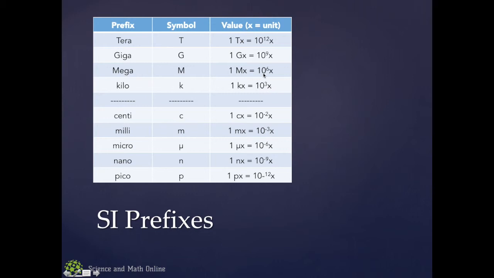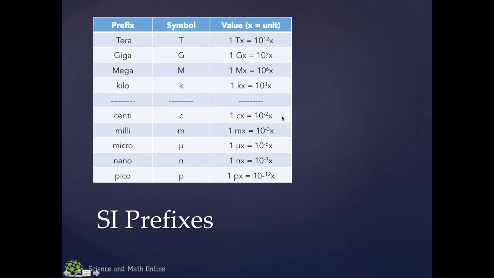Same thing with giga. It's a billion. So 1 gigameter is 1 billion meters. 1 gigagram is 1 billion grams. 1 gigamole would be 1 billion moles. Whatever the unit is, that goes in there for X.